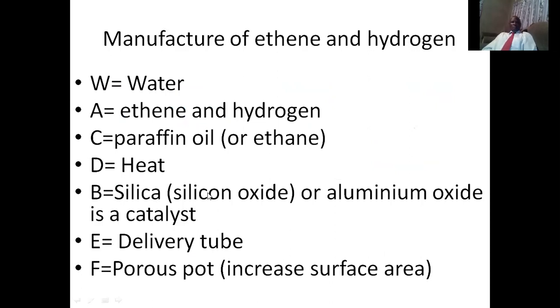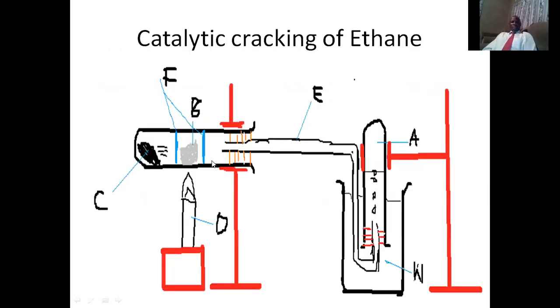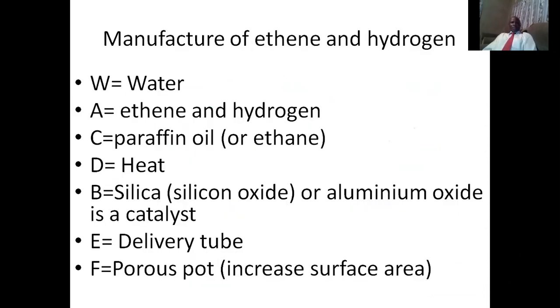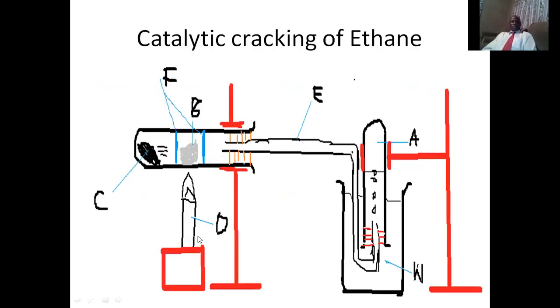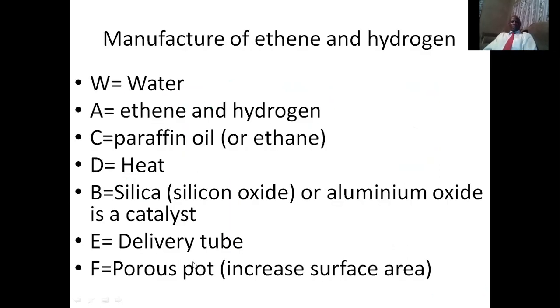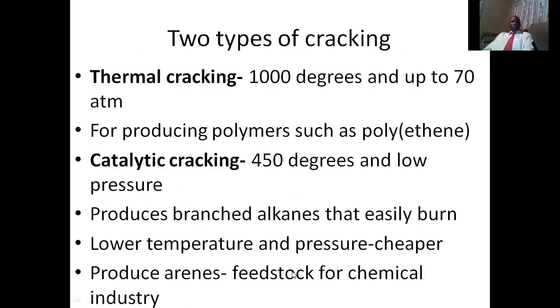And then silicon oxide or aluminum oxide. These are the catalysts. They aid or facilitate the reaction. And then we have the delivery tube through which the gas which is produced passes. And then we have the porous pot, which basically increases the surface area for the reaction.